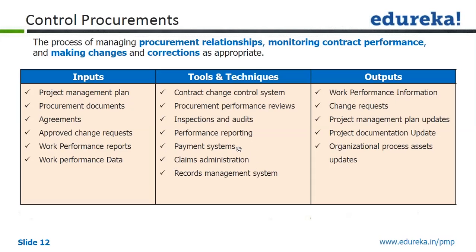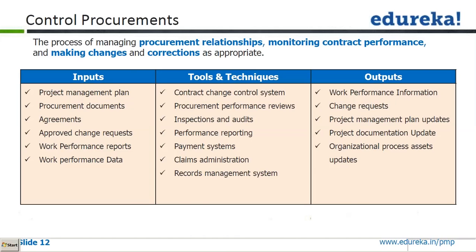The performing and requesting organization. So there will be a process already defined, the escalation, and how it will be analyzed, and essentially you need to do the claim administration, whether to approve or reject the claim based on the evidence in front of us, and a records management system to keep a record of it.